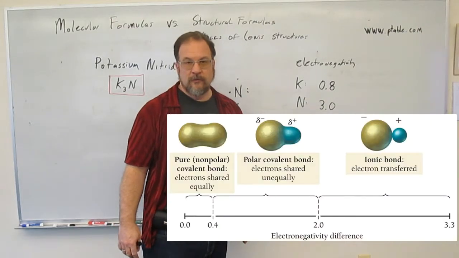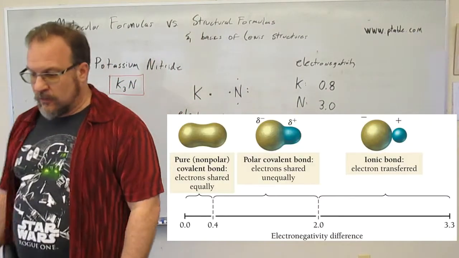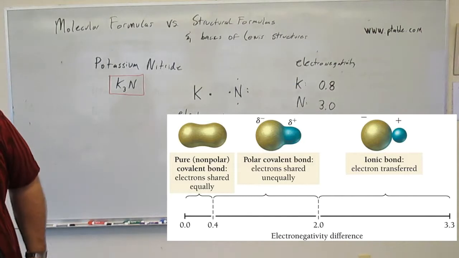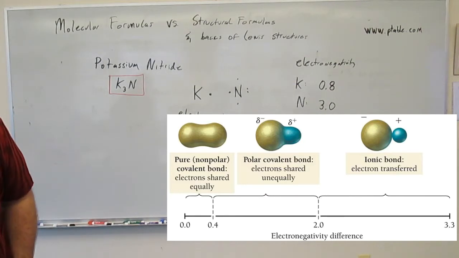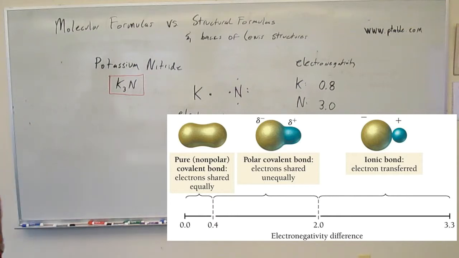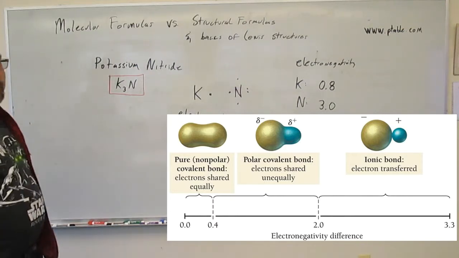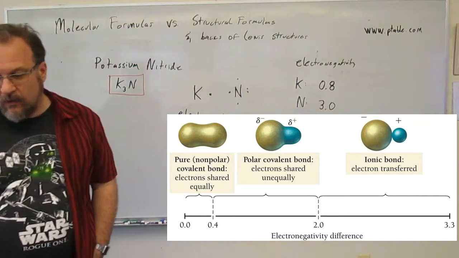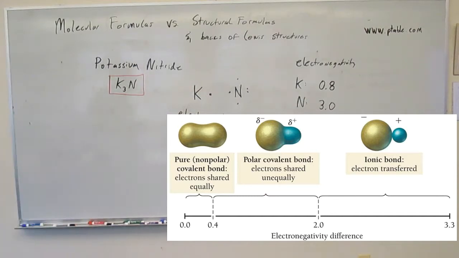And I'm going to display something else that shows you on an atomic scale 3 examples of non-polar, polar covalent, and ionic examples. And you can actually see what's happening between 2 different atoms and what electronegativities do.